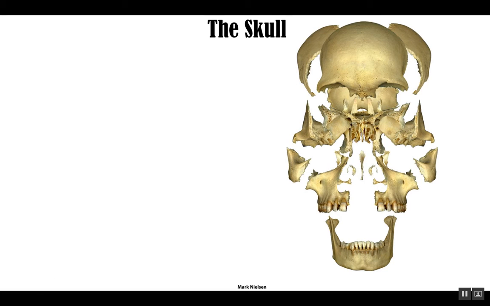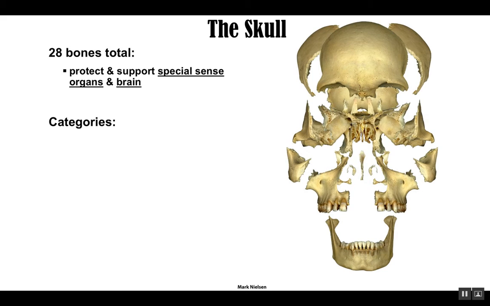Let's begin the axial skeleton by learning bones of the skull. The skull can typically be divided into categories. There's 28 bones total. The skull is there to protect organs like your brain, also house organs that are involved in your special senses, like vision, hearing and equilibrium, smell and taste.